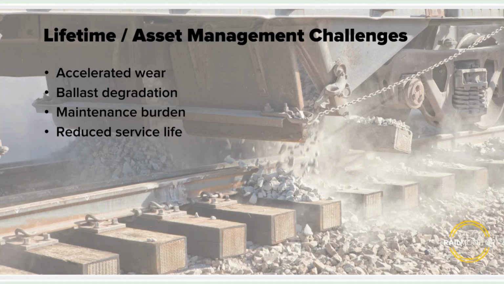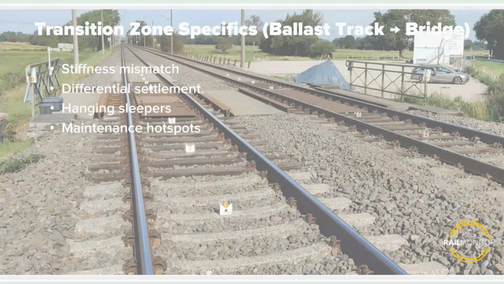Of course, from the construction side, we are trying to avoid these, having these stabilized. But as said before, we are facing that old tracks have these issues, especially in the transition zones, where we have ballast, as you see here, and we have a bridge, and we have ballast on the opposite side.